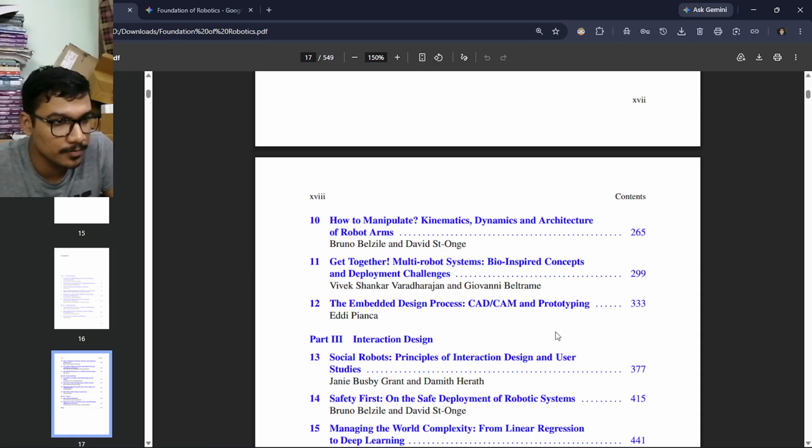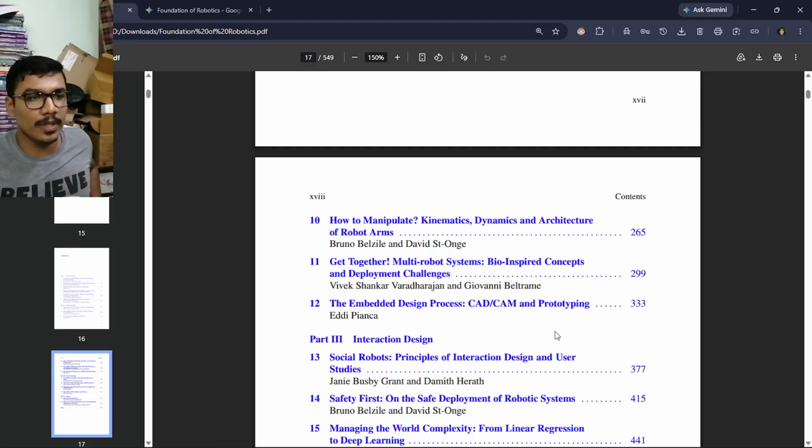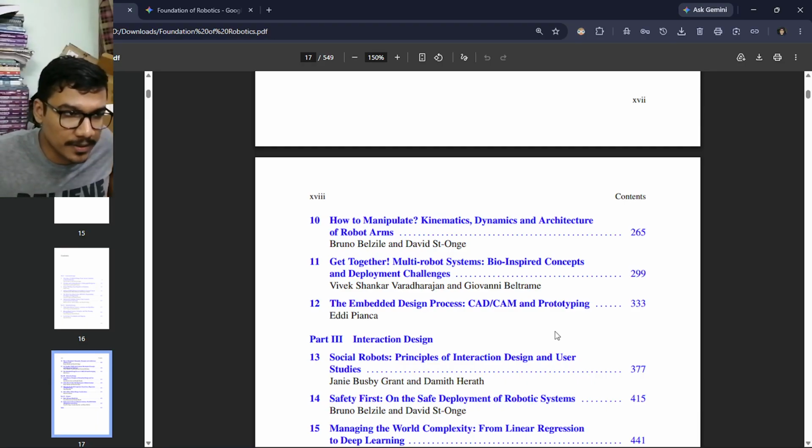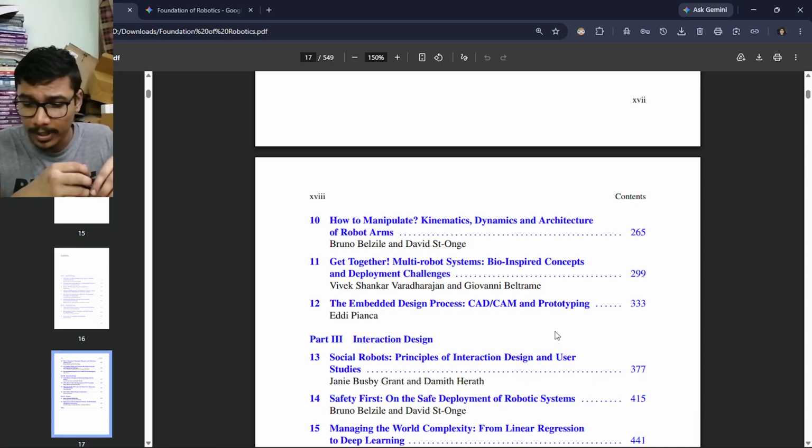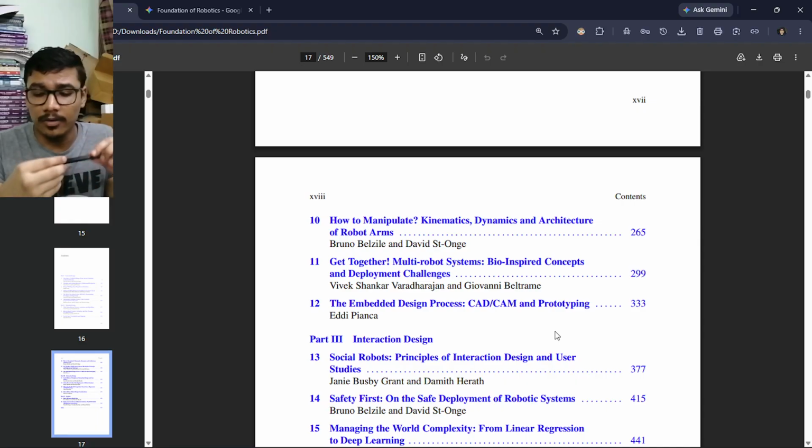Wait, let me see. Architecture. Yeah, so it also teaches you the dynamics, kinematics, and the architecture of a robotic arm, which I particularly need to make my robotic arm, because on top of this particular robotic car, there would be a robotic arm. I'll share the link later in the description so that you could see what I'm actually working on.